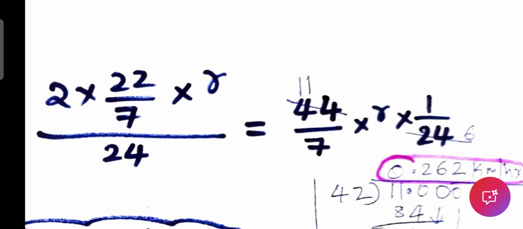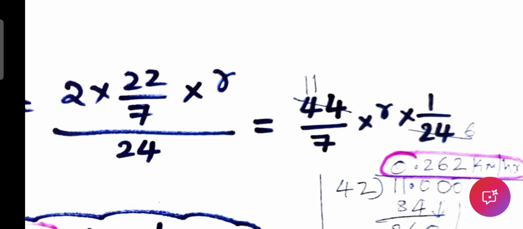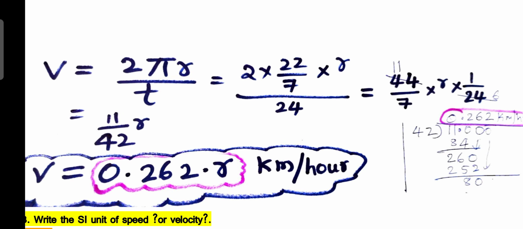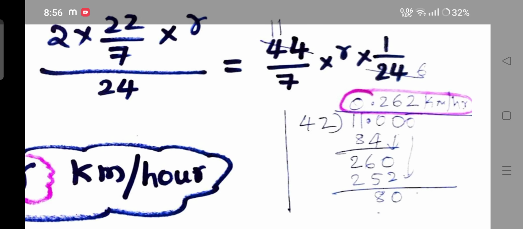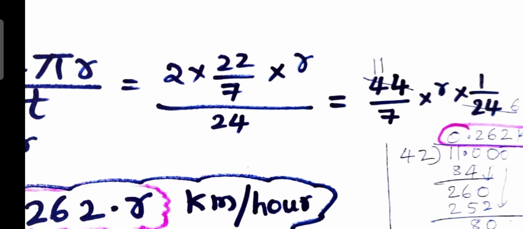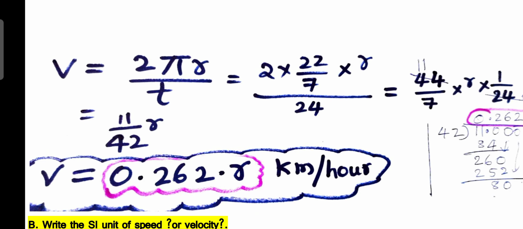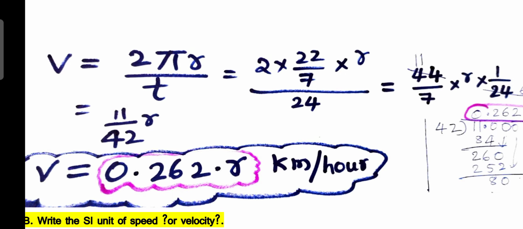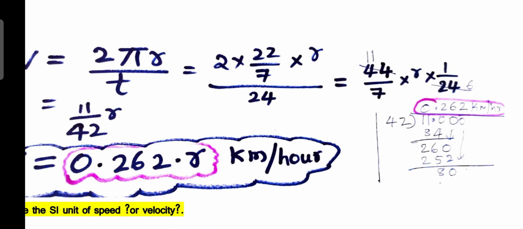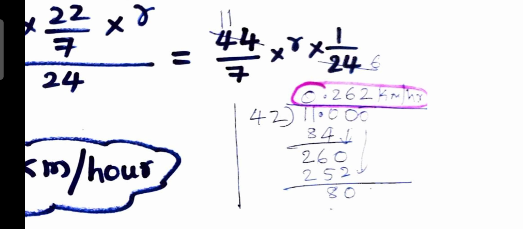24 is in the denominator. So take it as 1 by 24 and cancel wherever it goes. 24 goes by 4, 4 sixes are, and 44 also goes by 4, 4 elevens are. So 11 by 42 is the answer. 7 sixes are 42. 11 by 42 is nothing but, if you divide it for a decimal number, you will get 0.262 kilometer per hour.